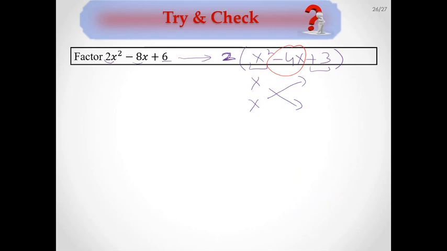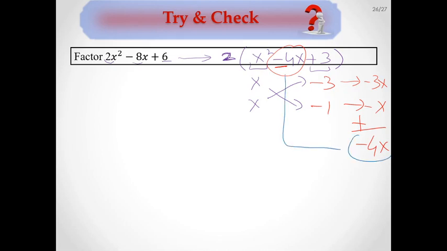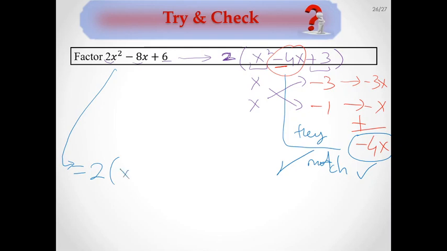Since we have a negative here, it's better we deal with negative numbers, negative 3 and negative 1. You see here this is negative 3x and this is negative 1x. When you add them, you get negative 4x, and they match. So the factorization will be 2 times x minus 3 times x minus 1.